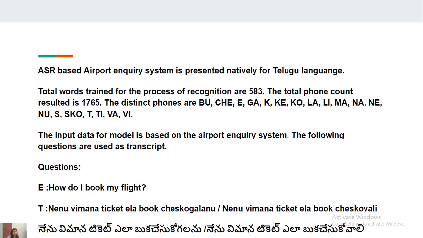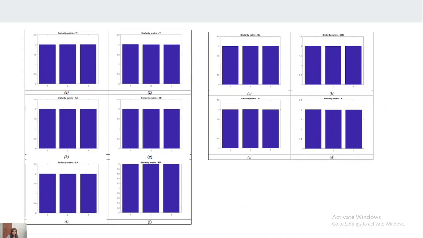Now these are some distinct phones, and the database is based on the most frequently asked questions in an airport enquiry. I have put a question right here. Likewise, there were 4 or 5 questions which were in the paper.